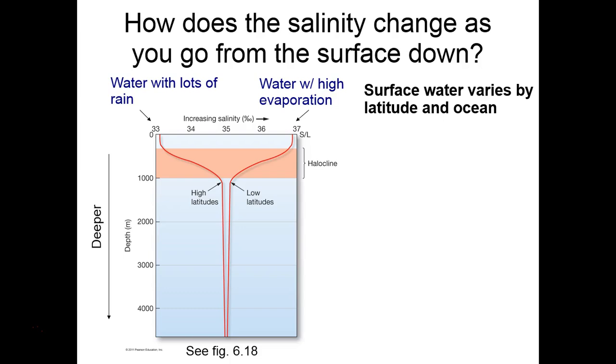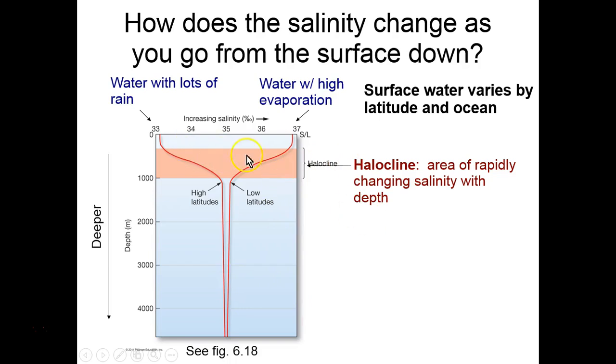The line on the left would represent an area that gets lots of rain, which means a high amount of fresh water being added to that surface water, and therefore a lower salinity level. Then you get to this region, as you go deeper, called the halocline.